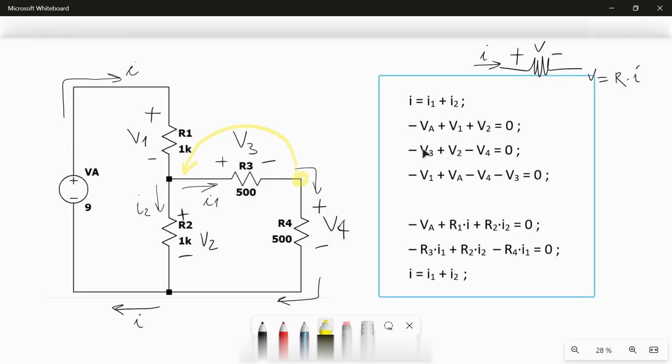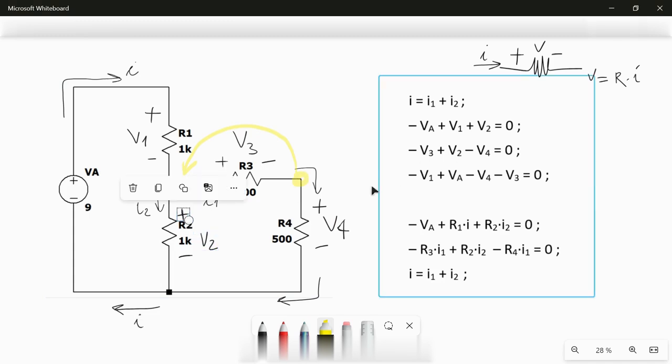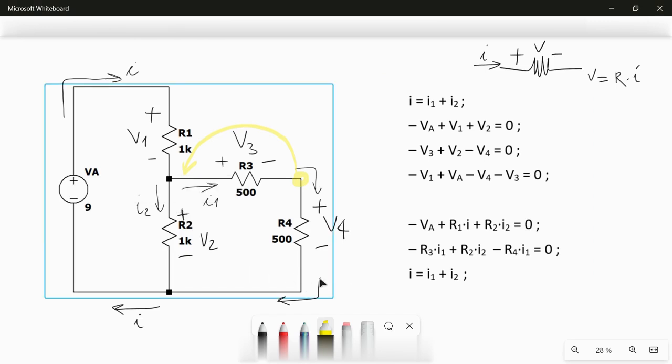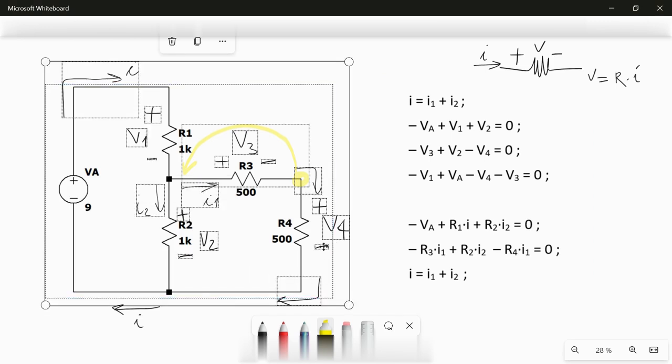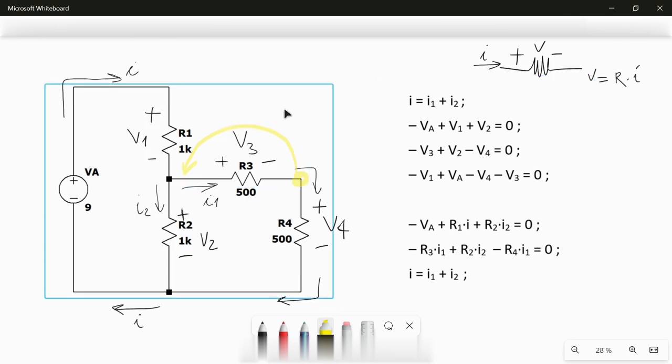So I put minus V3. Then I continue, I find V2 with plus sign first. So I put plus V2. Then I find V4 with the minus sign first. So I put minus V4. That's it. It's just this procedure. Now I'm just interested in putting all the voltage drops around the mesh with the right relative signs.